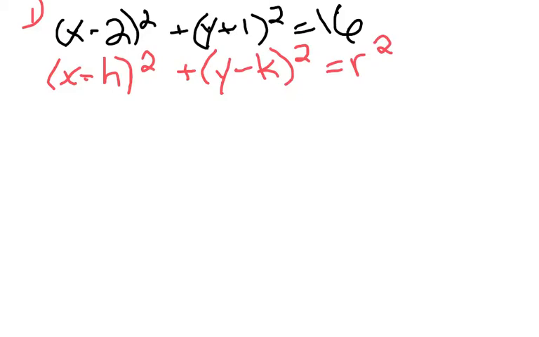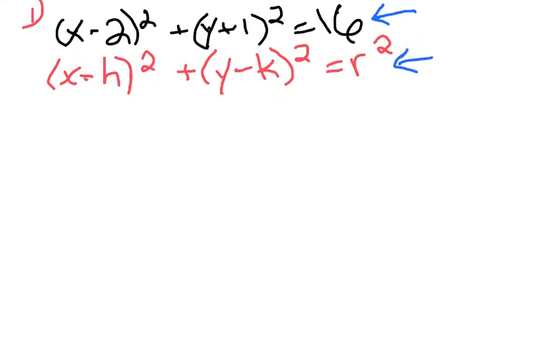Okay, so this is question 1 from our worksheet, and the directions say identify the center and the radius. So what you see up here at the top is our equation: x minus 2 squared plus y plus 1 squared equals 16.